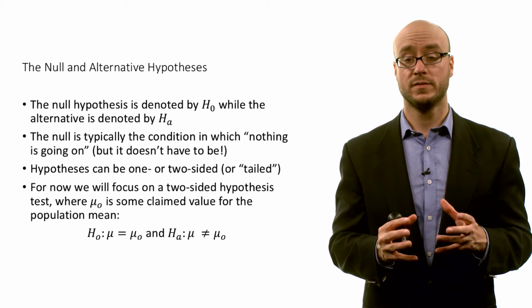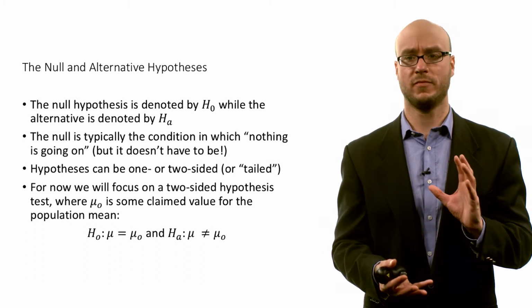The key point is that when we set up the hypothesis test, the null is an equality where we think the population mean equals some claimed value. Often that claimed value is a default state of affairs. It's not very interesting if the mean is 20, let's say. Then in a two-sided or two-tailed test, the alternative hypothesis is that it's simply not that claimed value.